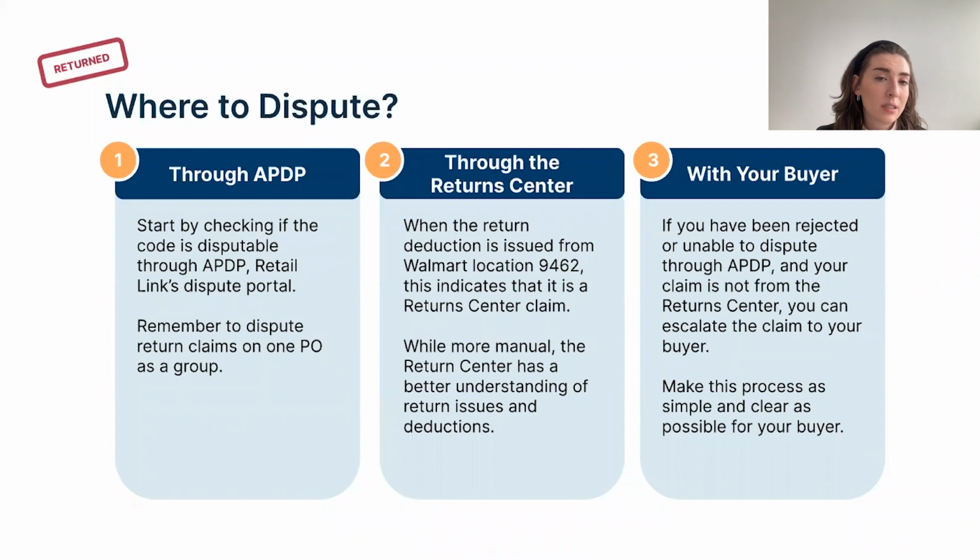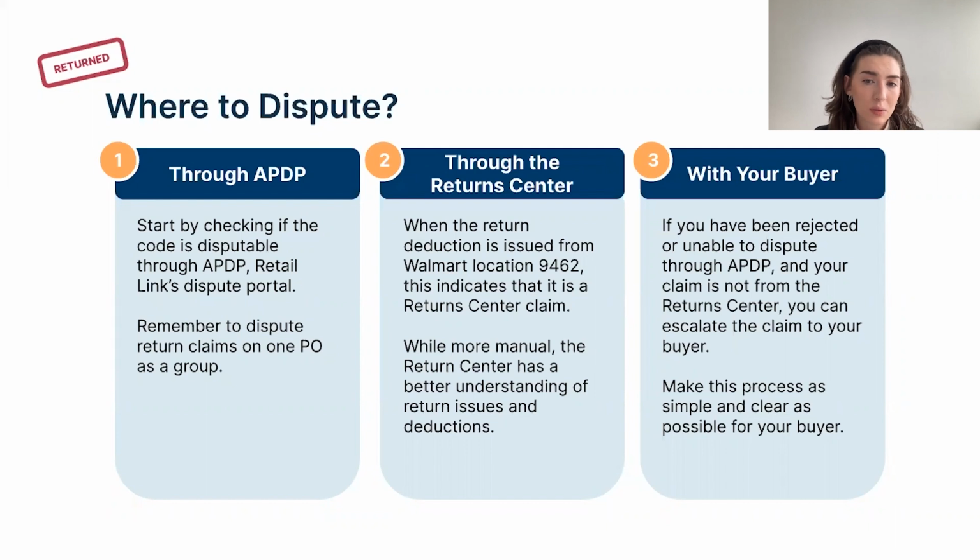A call out here is, remember to dispute the return claims on one PO as a group, and also look for those different codes that match together. That's going to be your code 44, and then your code 97 or 60 for freight and handling, and then your main claim, which outlines why the actual return is happening.